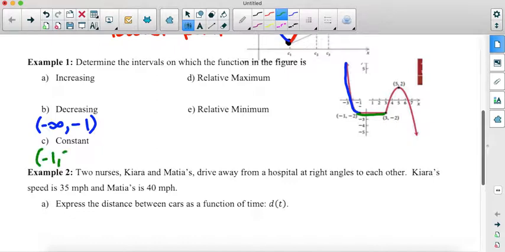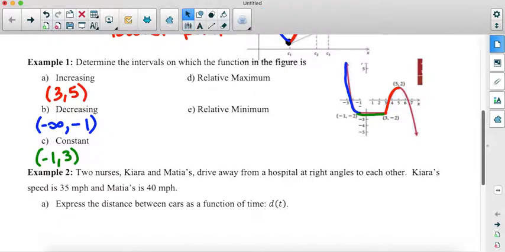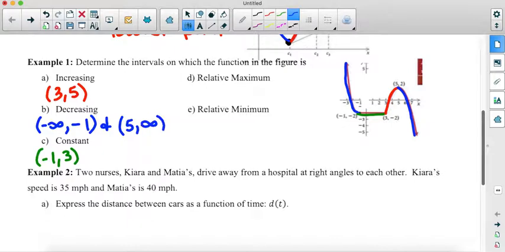Then between the x values of -1 and 3, he's going to stay constant. Then from the x value of 3 up to an x value of 5, he's increasing. And from 5 forever, he's going to start to decrease again, so from 5 to positive infinity, he's decreasing.